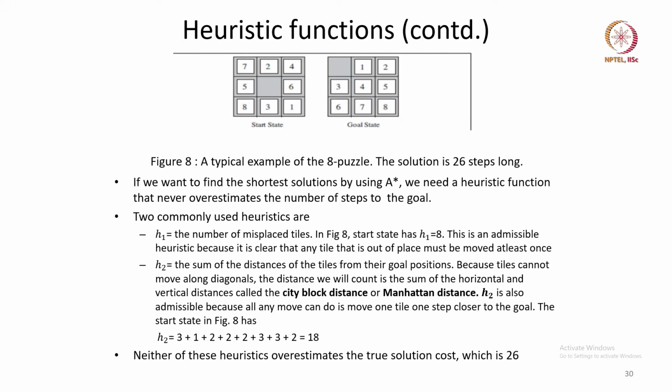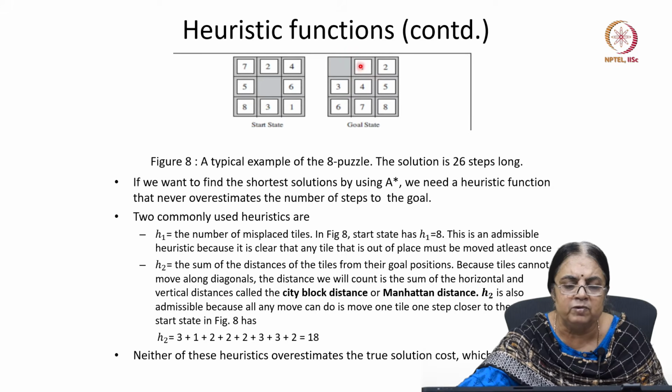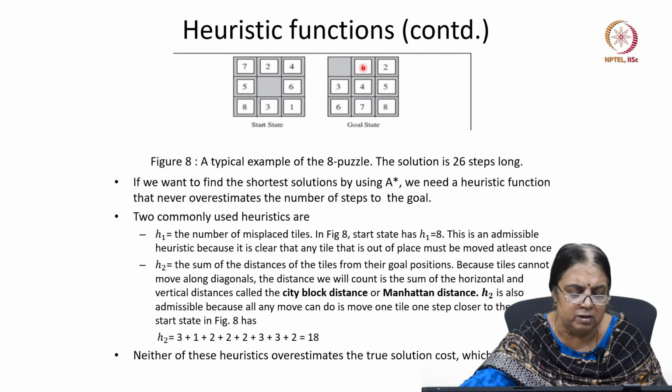So if we take something like say 1, okay, so 1 is here and 1 is there in the goal. So between the goal and the 1 here, there are 3 possible moves that will have to be made, and you have to do that for everything. Okay, so for 1 it is 3 possible moves.